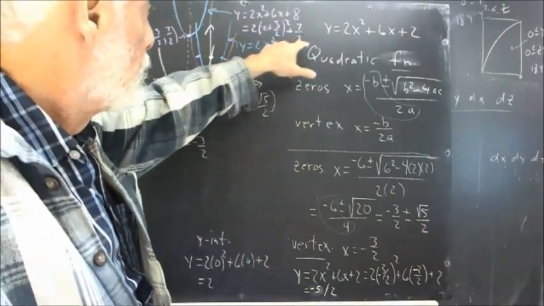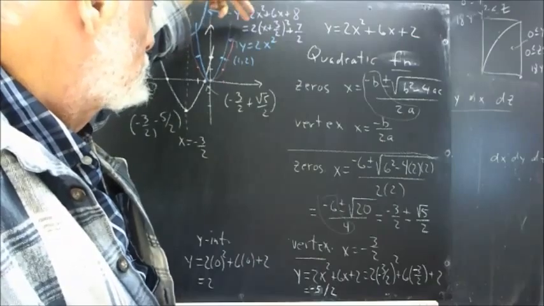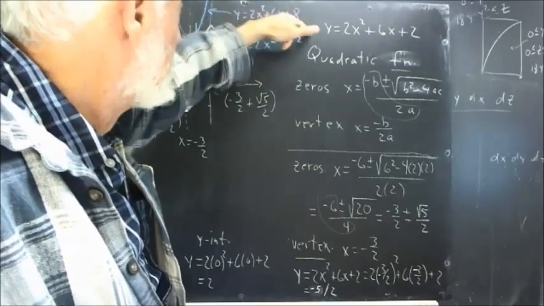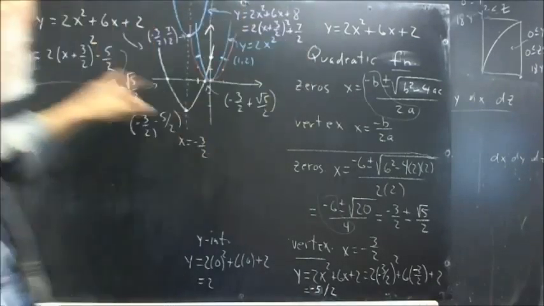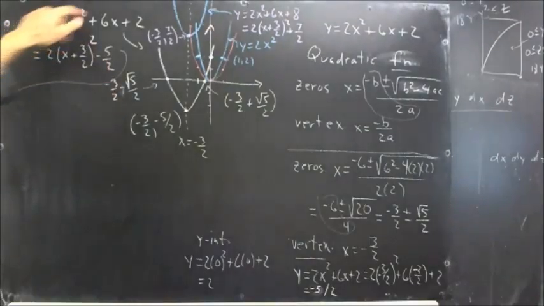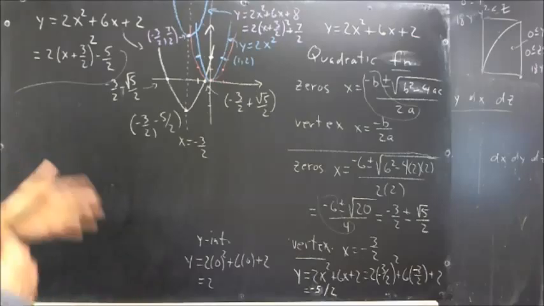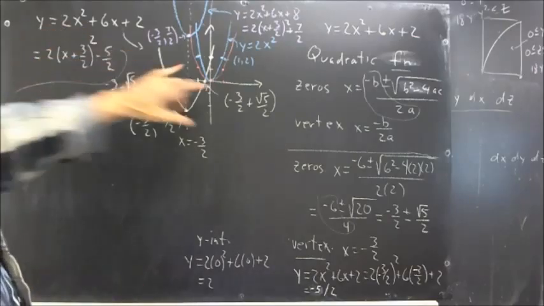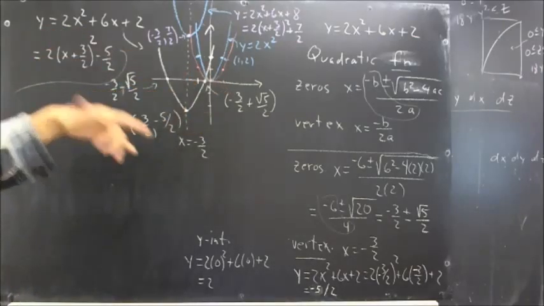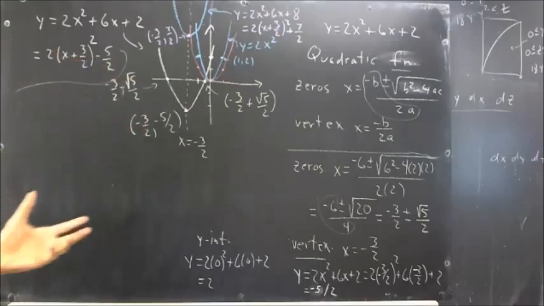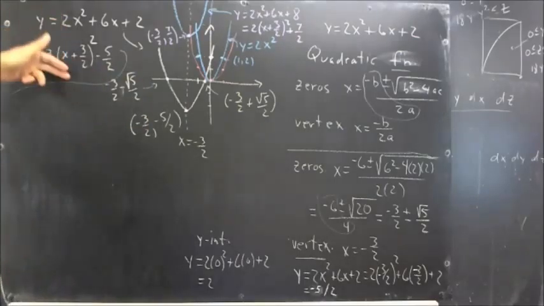If you multiply this out, this expression should give you this, and this expression should give you this. So there's a little deeper connection between the shifting and stretching transformation picture and the algebraic picture.